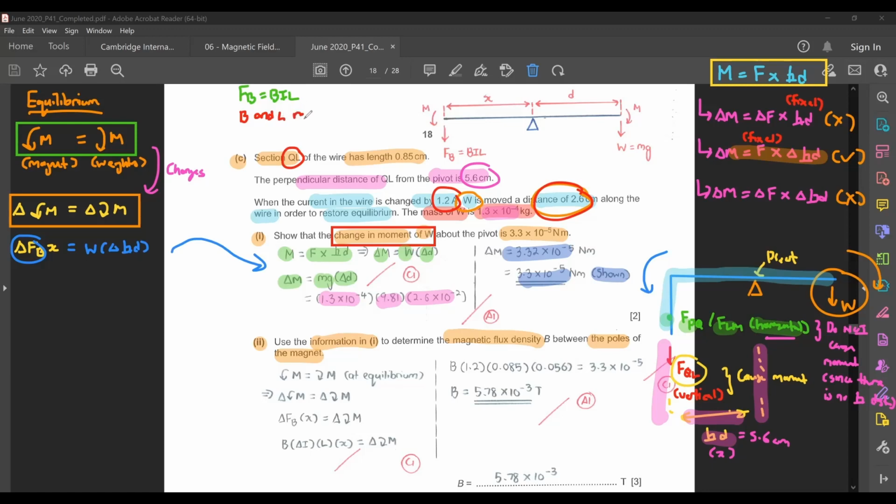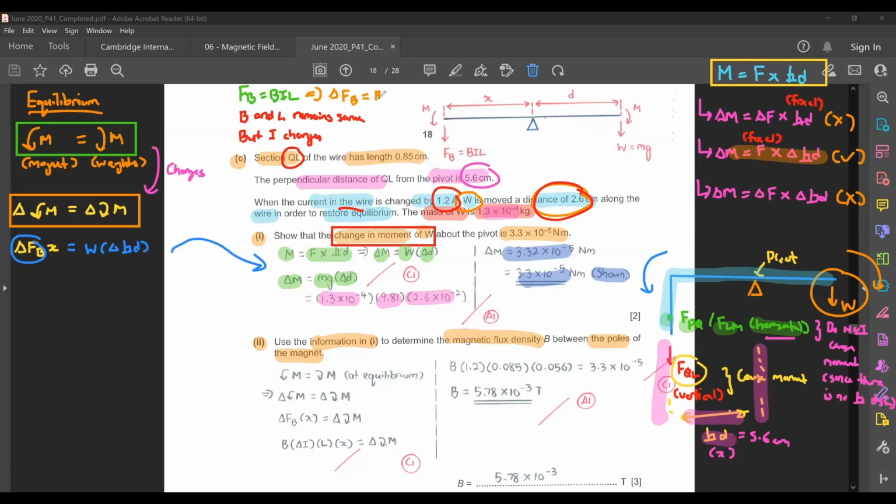B and L remain the same, but your current actually changes.